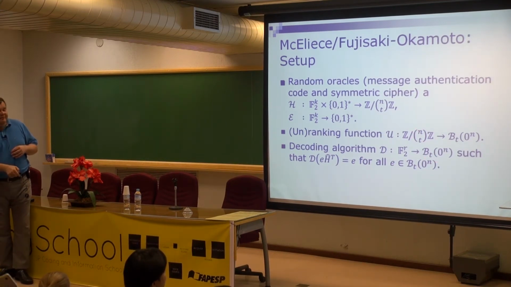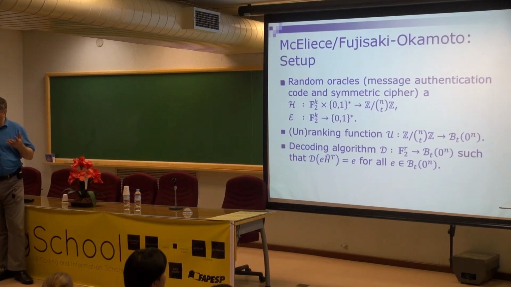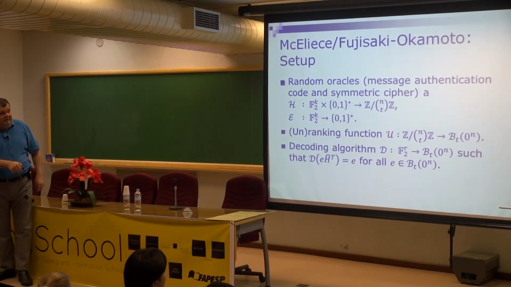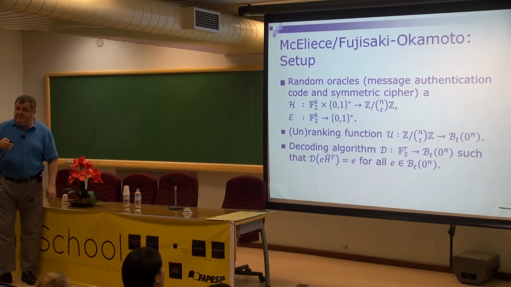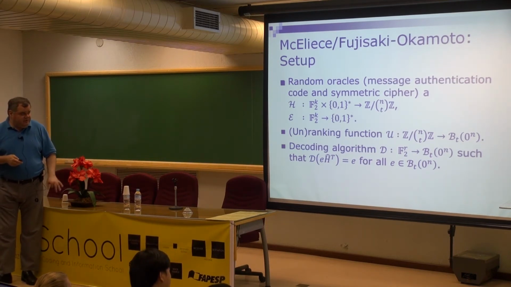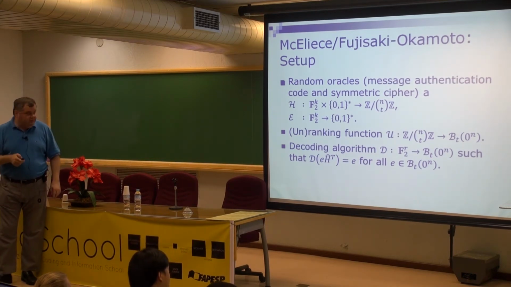So this is the number of possible error patterns of length n and weight t, and this function gives the corresponding error pattern. It's a vector of length n and weight t. There are several ways to do this, and apply the inverse transform as well. So let's just assume we can do this.